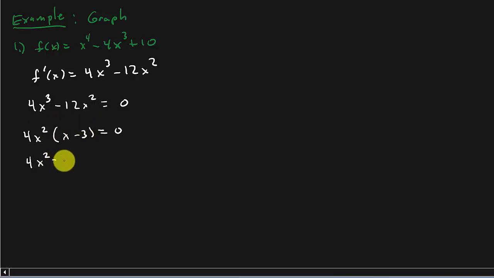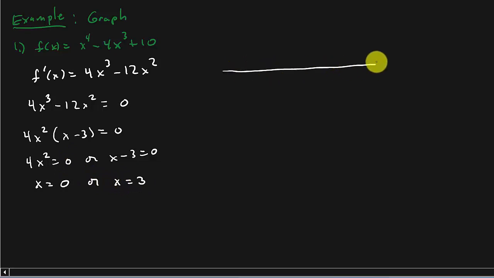So 4x squared equals 0, or x minus 3 equals 0. So that's going to be x equal 0 or x equal 3. So we've got 0, 3. These are our critical numbers, and we're going to find where it's increasing and decreasing now.